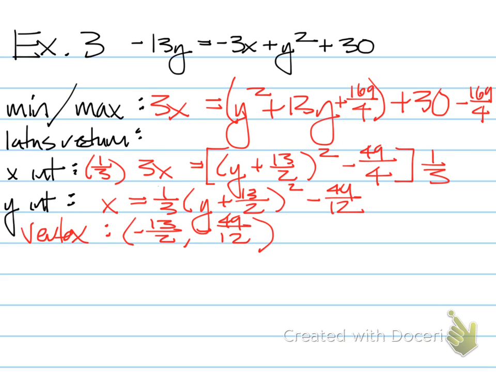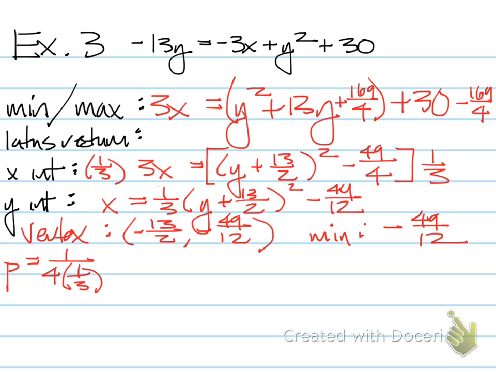The vertex is going to be -13 over 2, -49 over 12. Since this opens horizontally, the minimum value is going to be -49 over 12.